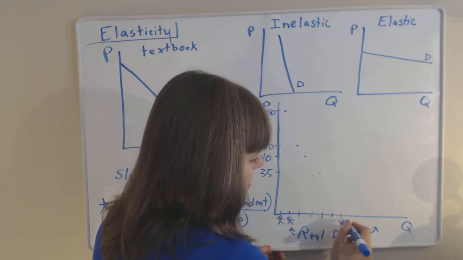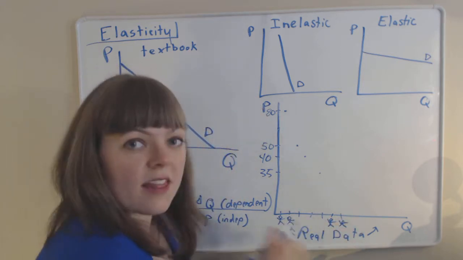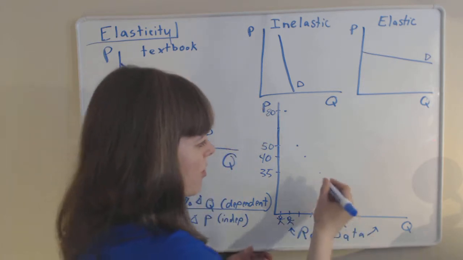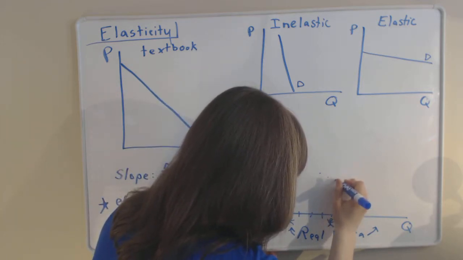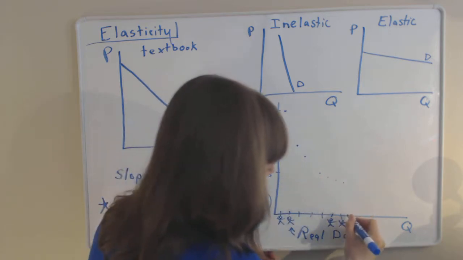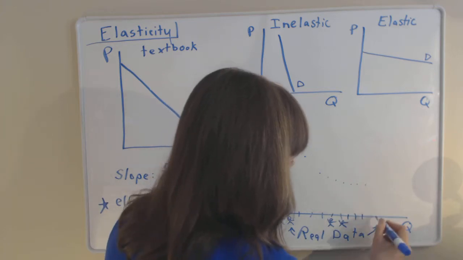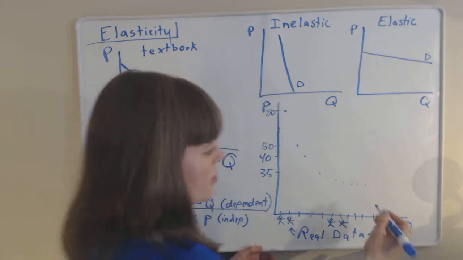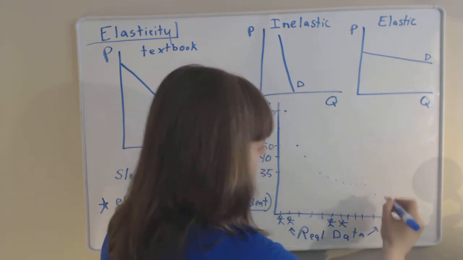I won't draw all these people here, but we know that there's a person on each piece of the axis, and the people are all lined up in the order that they value the product. So these people value it very similarly to one another: 35, 34, 33, 32. Actually, there are 3 people who value it at 32. So let's put all of them on the graph. And then there's another person who values it at 28, etc., etc., etc.